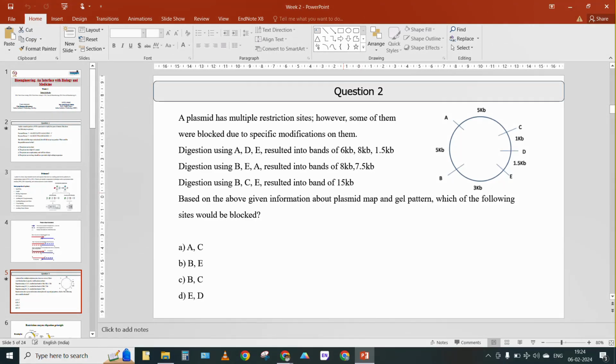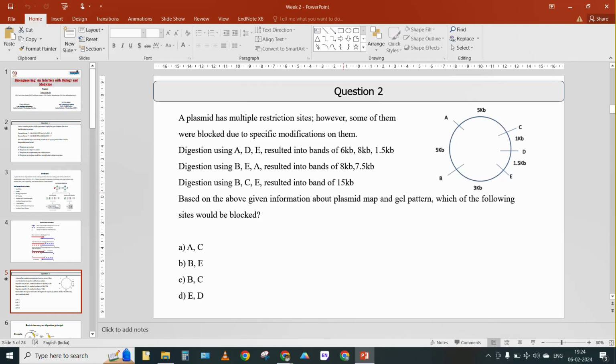Question 2 states that a plasmid has multiple restriction sites. However, some of them were blocked due to specific modifications on them. Digestion using A, D, E resulted in bands of 6 kb, 8 kb, 1.5 kb. The second, digestion using B, E, A, resulted in bands of 8 kb and 7.5 kb.